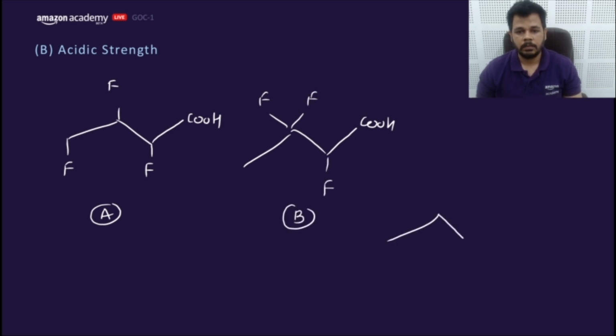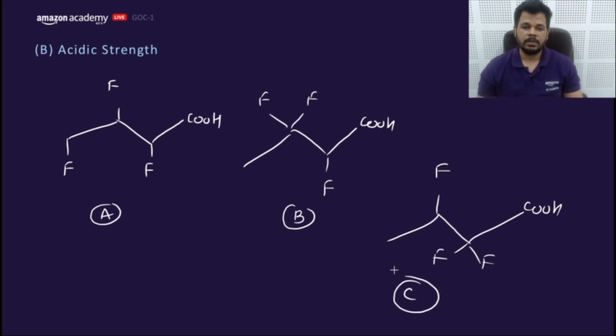This is B. And this is C. What would be the correct order of acidic strength? Dhanush says CBA, angular strain more in A. There's no angular strain. Gaurav says CBA.